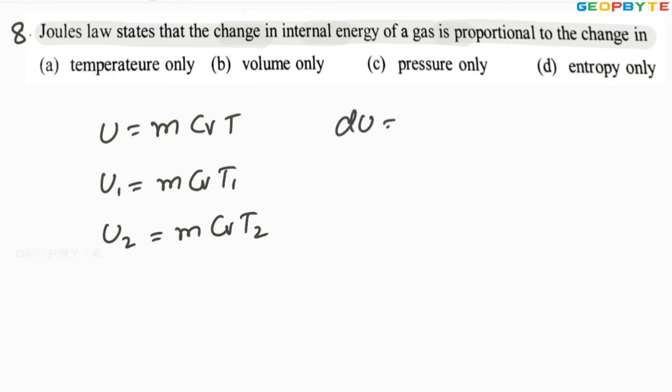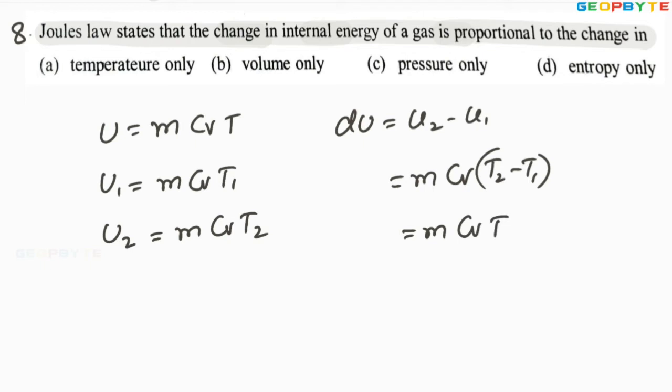Then change in internal energy dU equal to U2 minus U1. It is equal to mCv into (T2 minus T1), equal to mCv into dT. Should be very careful. Anyhow, change in internal energy for any ideal gas is the function of change in temperature only.